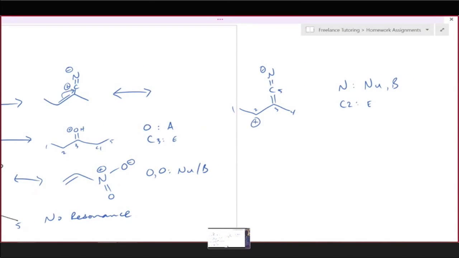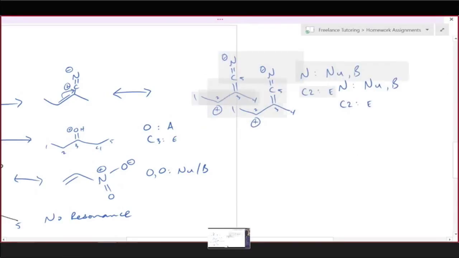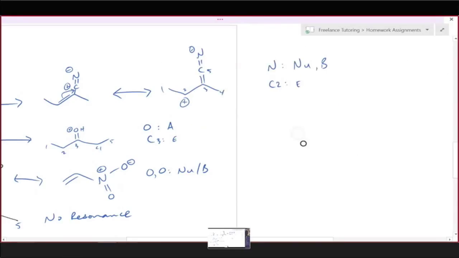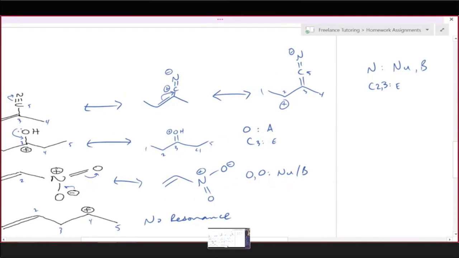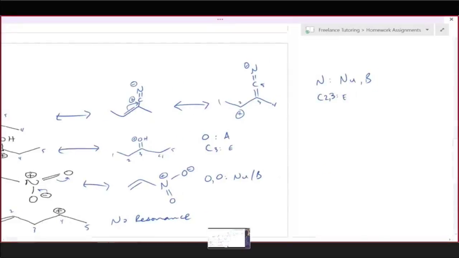And it seems that carbon 2 and carbon 3 both, or not 3, I meant carbon 5, could be electrophiles.